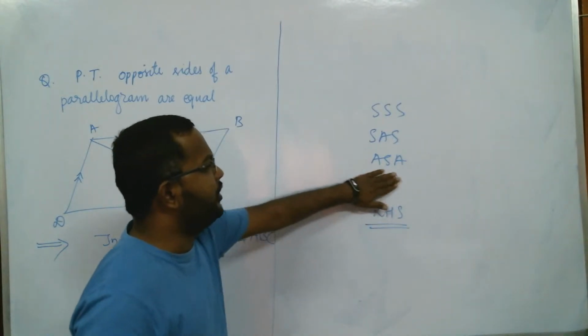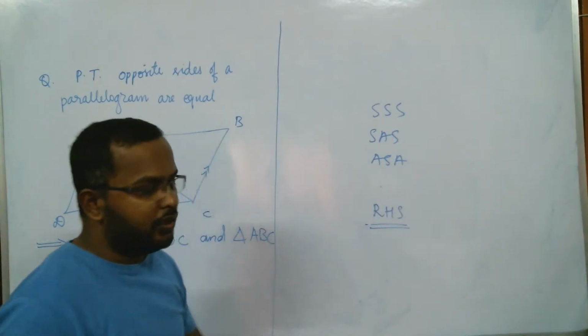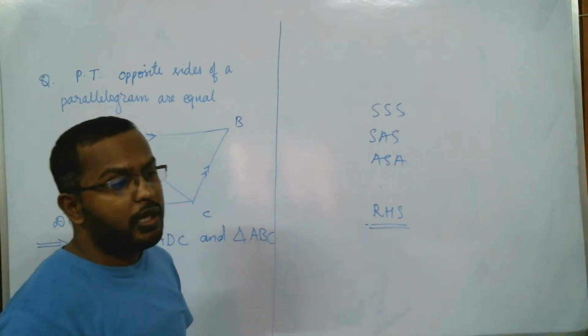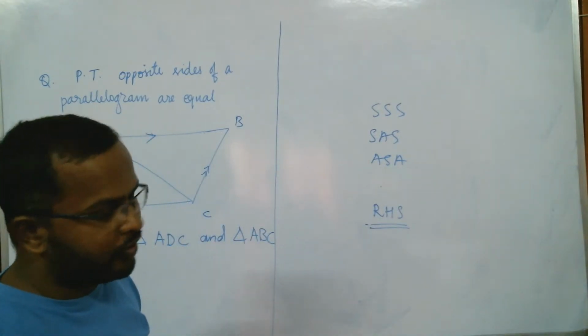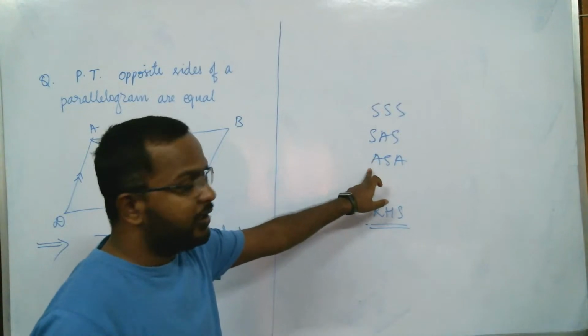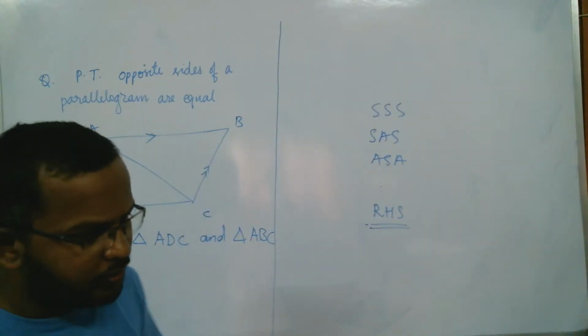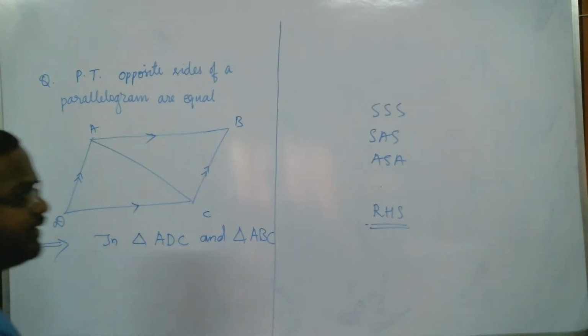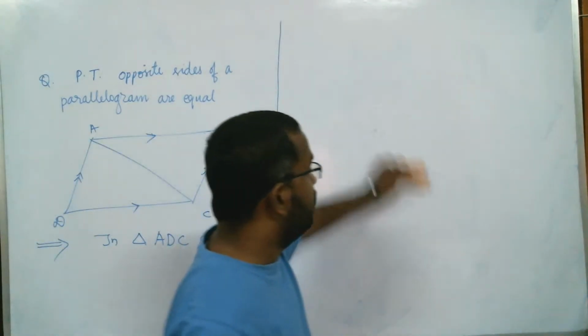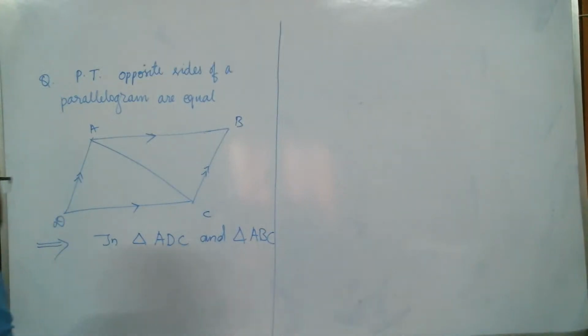So these criteria you learned in 7th: SSS, SAS, ASA, AAS, and RHS.